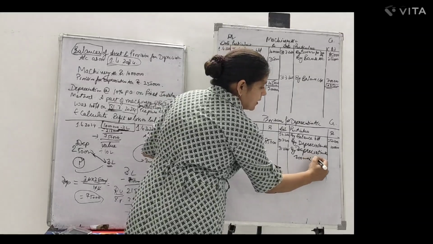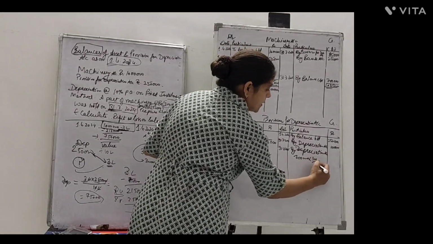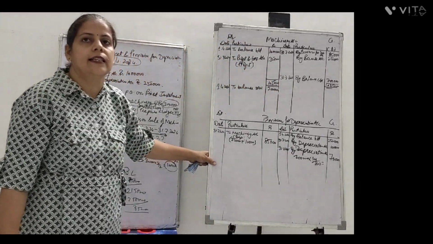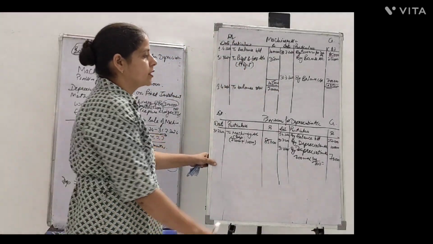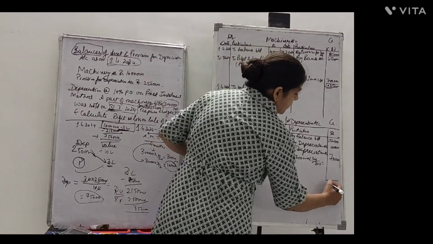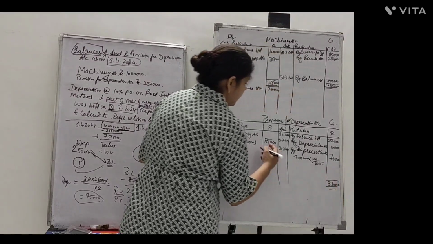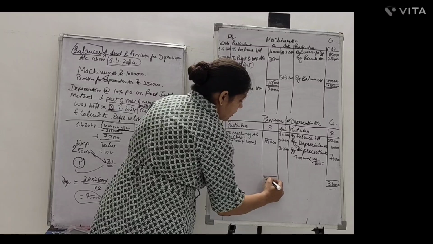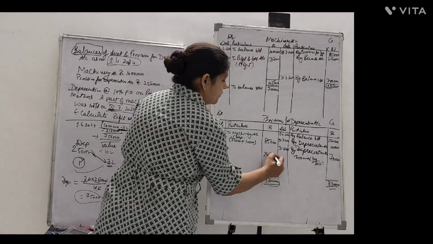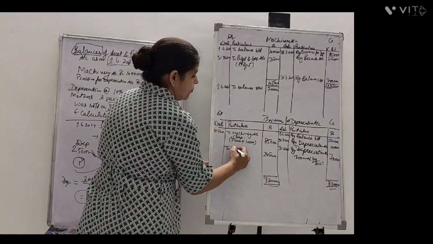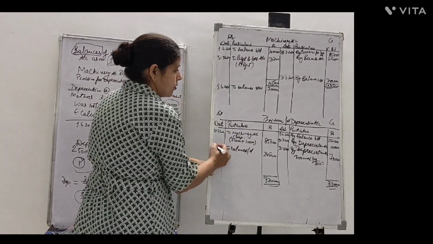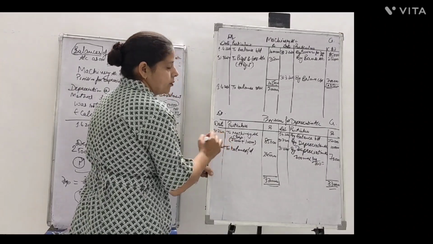So on 7 lakh rupees, 10% is the depreciation rate. How much should be the depreciation on that very asset? That is rupees 70,000. So what is the total value which we took over here? 3,30,000 less 85,000 gives me 2,45,000 balance of your provision for depreciation account as on 31st March 2025.